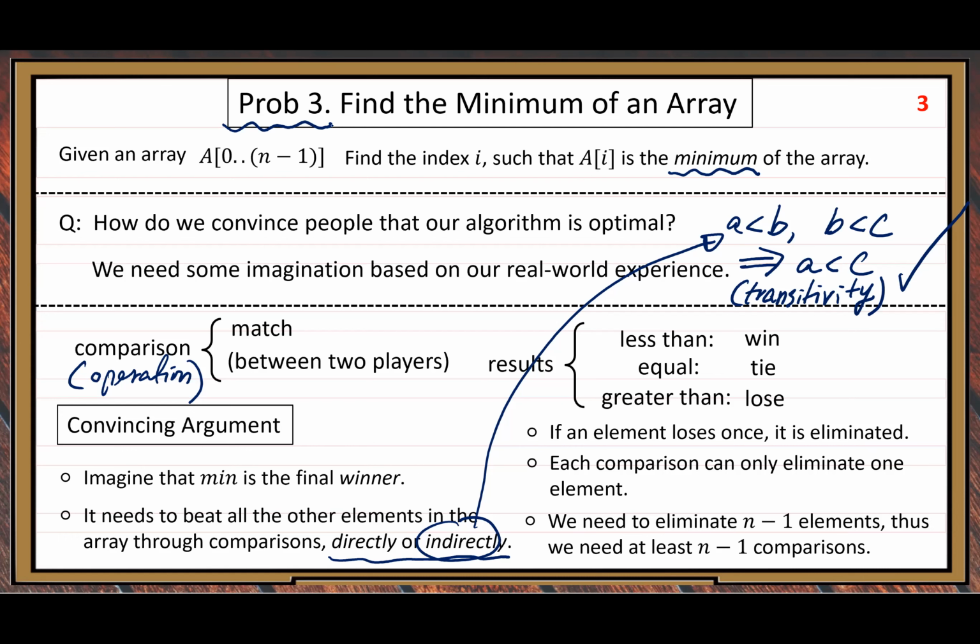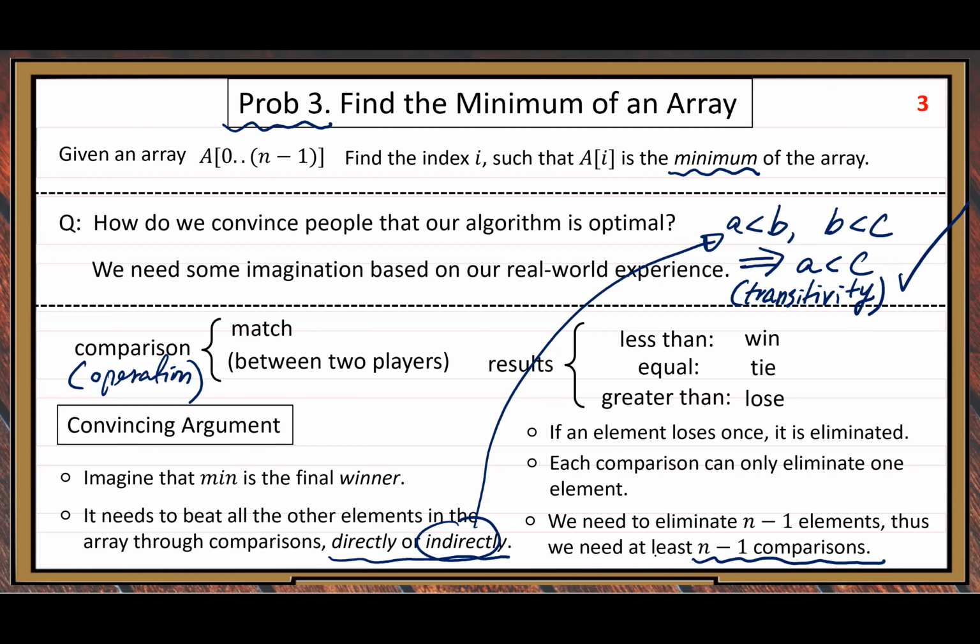Thus, we need at least n-1 comparisons. This is our last statement. So any algorithm, in order to find the final winner, the minimum value, you have to do at least n-1 comparisons. That is the final conclusion.